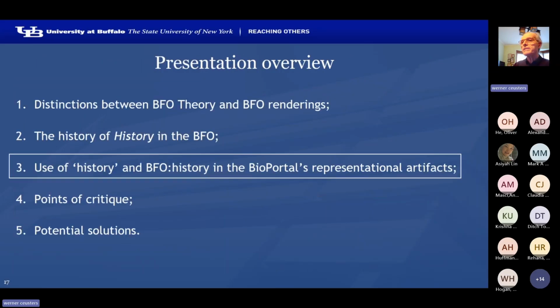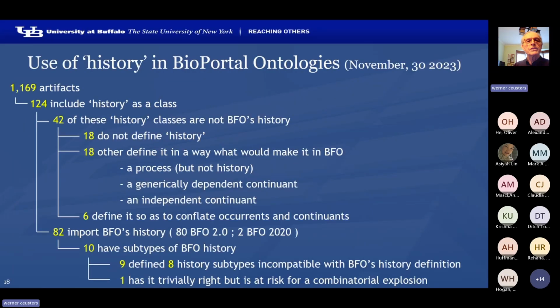So how is history used in other ontologies? Well, I took a look at BioPortal by the end of 2023. At that time, there were 1,169 artifacts in it.